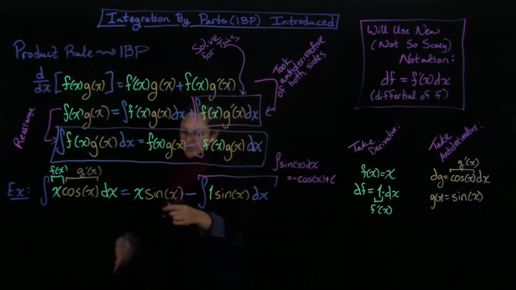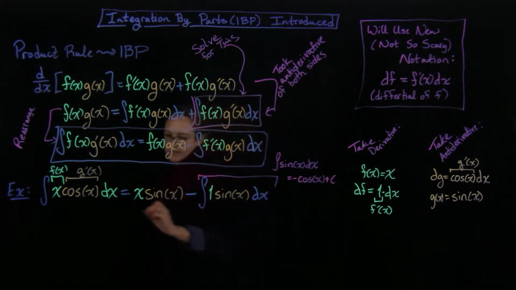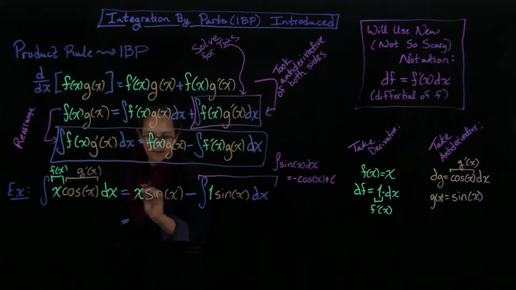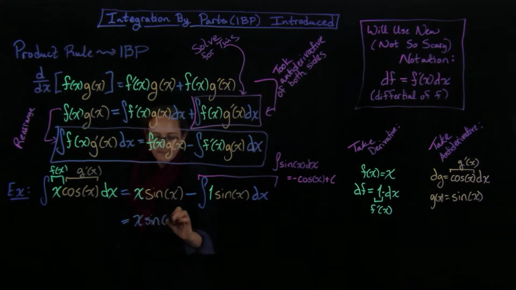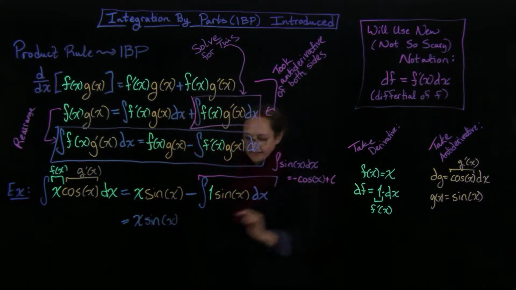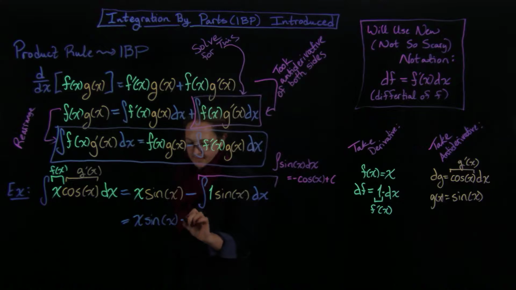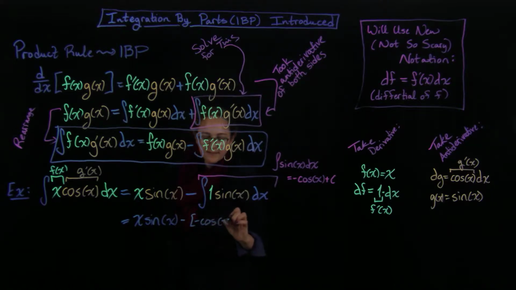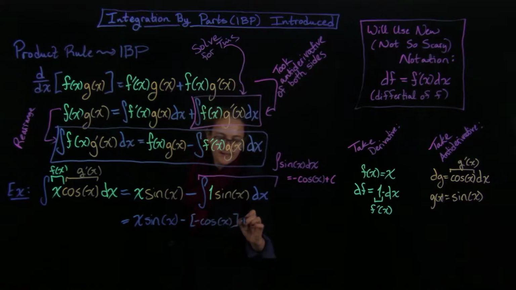Okay, so let's then write this over here. So I can just rewrite this because this part's already integrated. So I have x sine of x, and then I took this integral here, I got this, so I get minus cosine of x, and I just stick the constant all the way at the end.